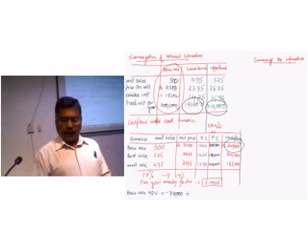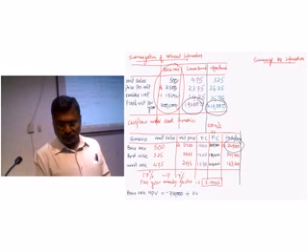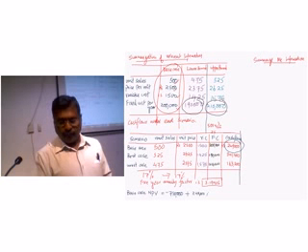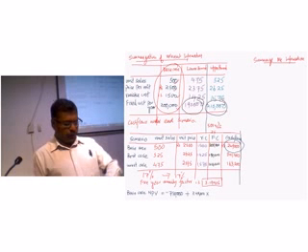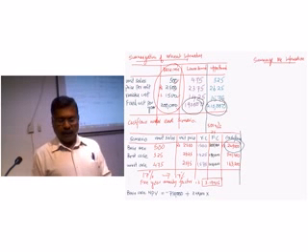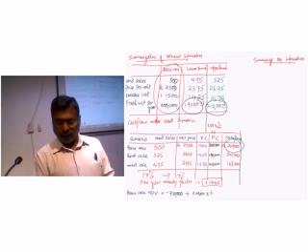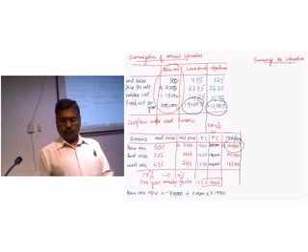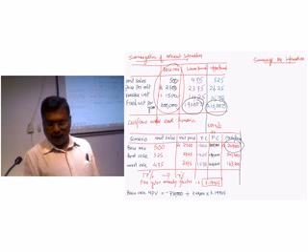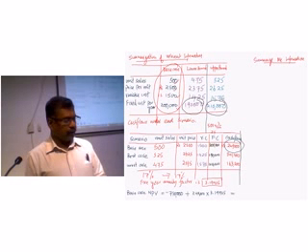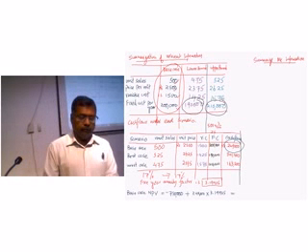What is the first one? First one, base case. NPV, net present value, is equal to, what's the initial investment? Initial investment is 750,000, the project cost.